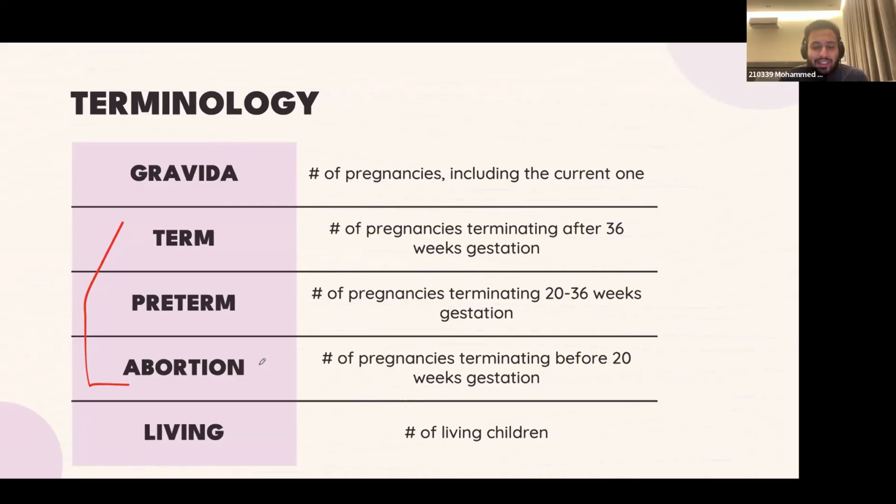Good. So she had 6 before, plus the current one, so it's gravida 7, para 6, and abortion 2. You don't count those in para because it's before the 20th week. After that, yes, you count it. So it's gravida 7.